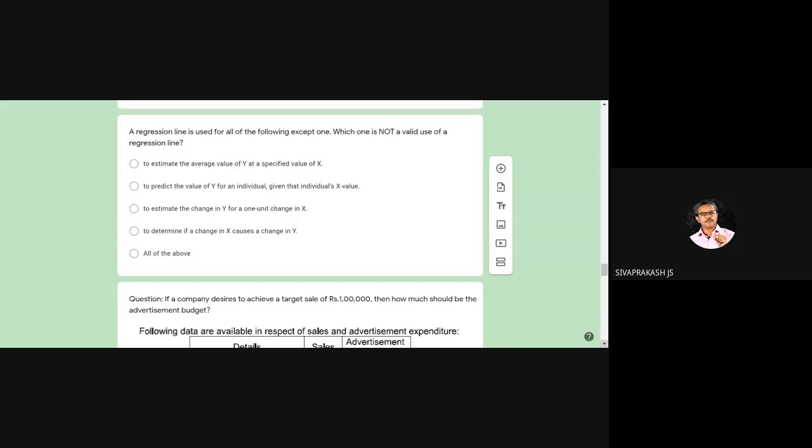That is correlation; the third one is purely correlation. The fourth one is to determine if a change in x causes a change in y. Since cause and effect relationship does not come from correlation, how can it be all of the above? Sorry, the answer is cause and effect. The fourth option is the right answer.